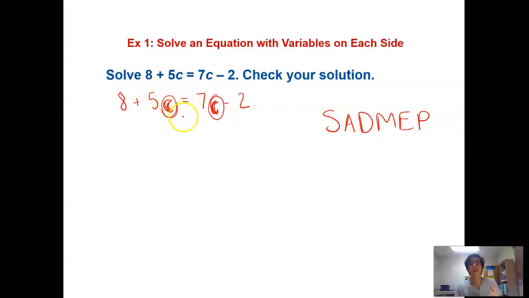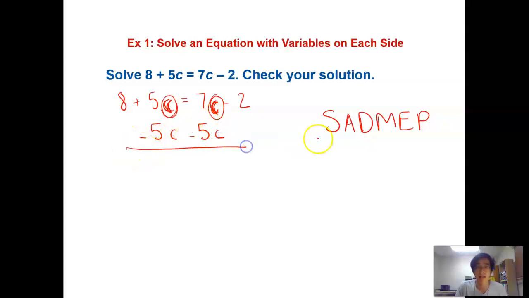A like term must have the same variable and the same exponent if I want to combine them by adding or subtracting, okay? So if I want to have only c on one side of the equation, I need to subtract 5c from both sides, and I can do that because 5c and 7c are both like terms. So I do that, right? I'm doing subtraction and addition first.